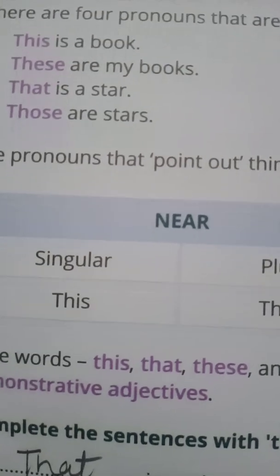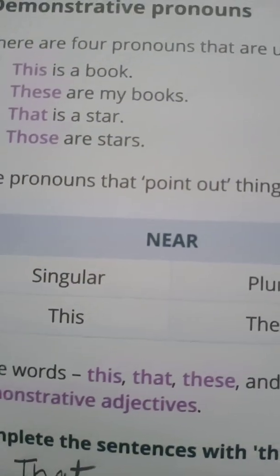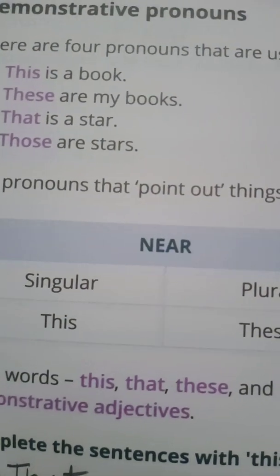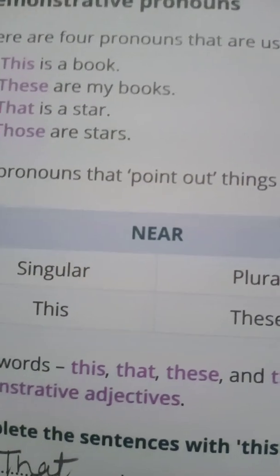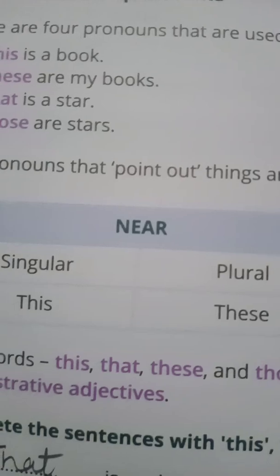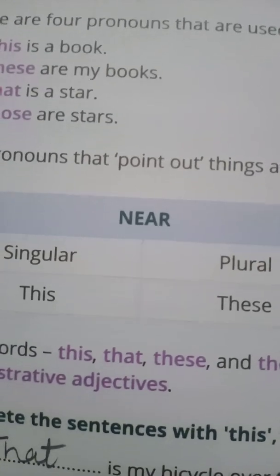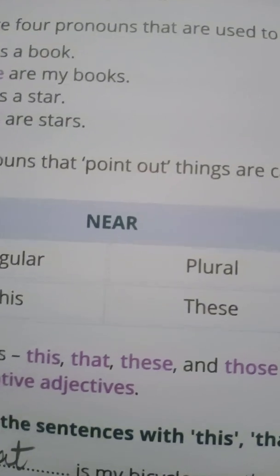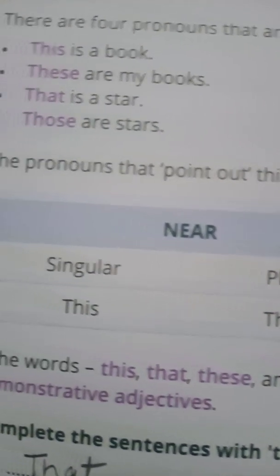So this and that both stand for singular pronoun, but when the singular pronoun is near us, it is closer to us, then we use this. But when that singular pronoun is far away from us, then we use that.